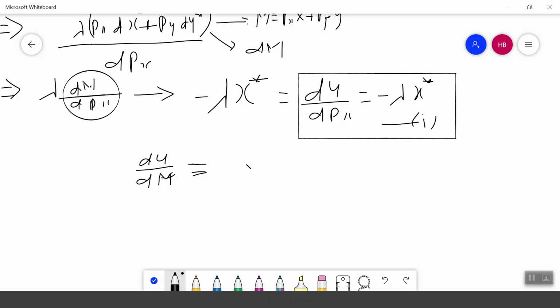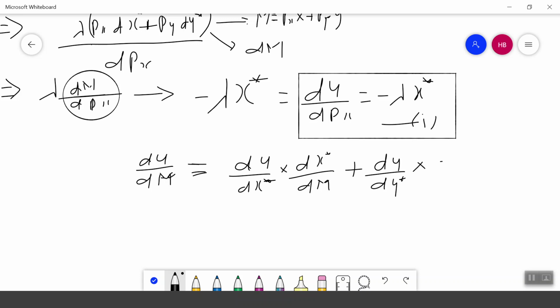Du by dm you can write again as du by dx into dx by dm plus du by dy into dy by dm. So it's the same expression du by dm.